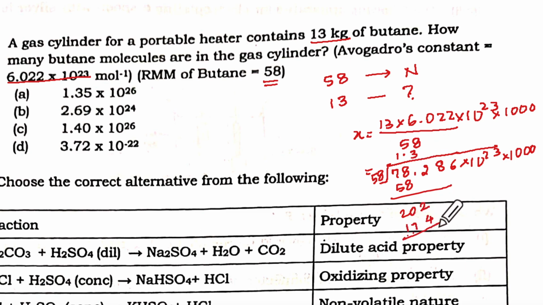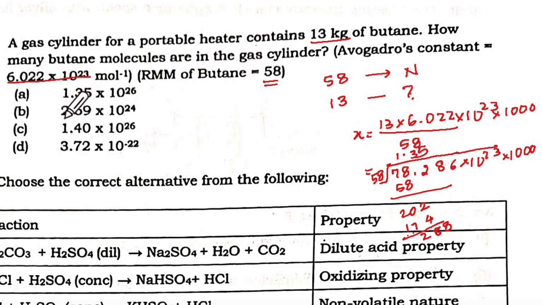We will have 12 minus 4 is 8, and here 2. Then we'll take this 8. This will go how many times? This is 1.3 here. 1.3, so 5 times will be, yeah, so 1.35 is correct.